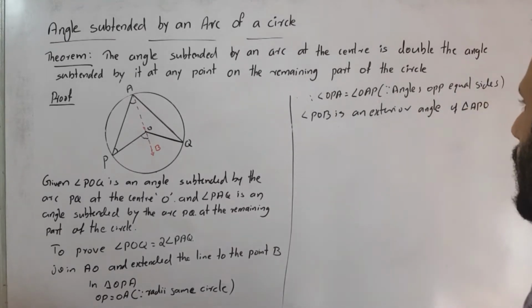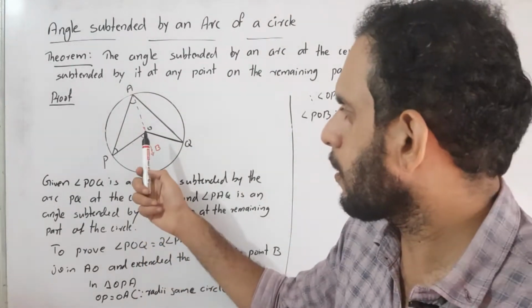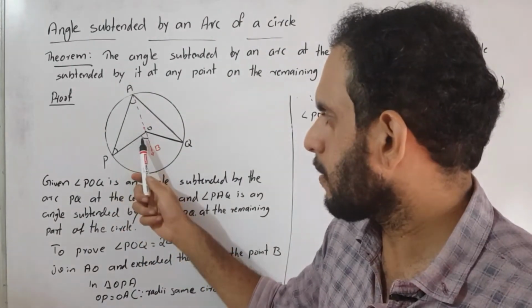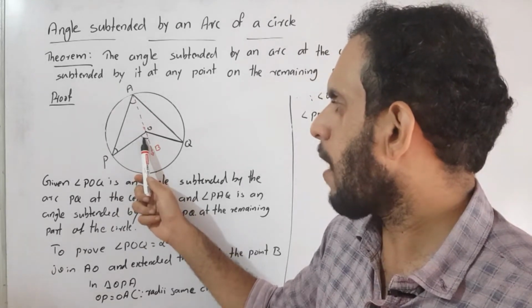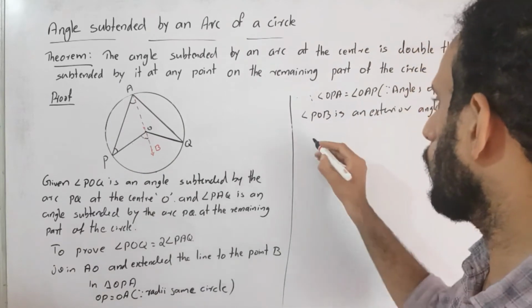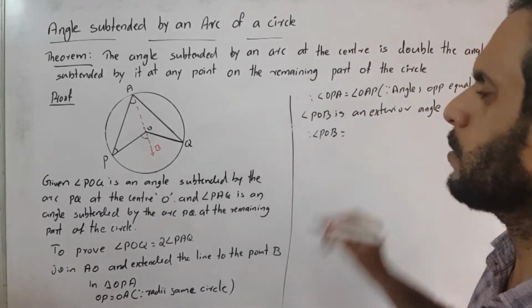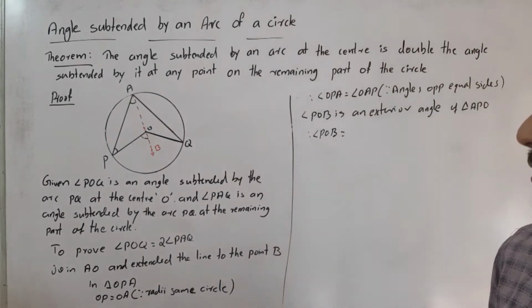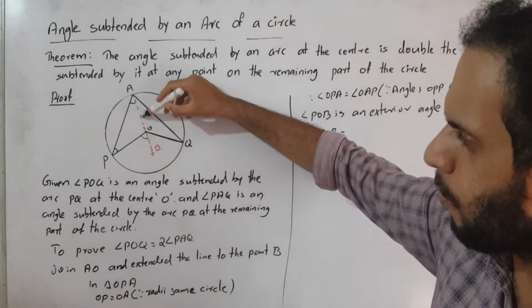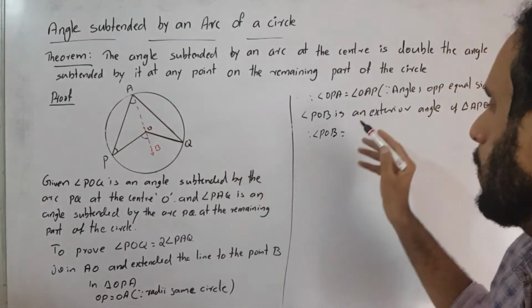So it's possible to apply the exterior angle property. The exterior angle is equal to the sum of the other two opposite interior angles. Correct. Therefore angle POB is equal to, what are the interior opposite angles? Then angle OAP and angle OPA.